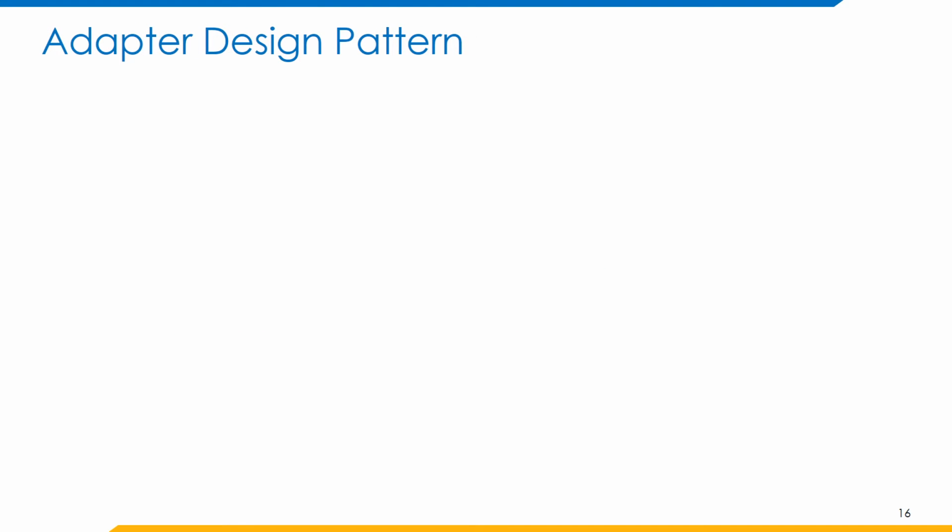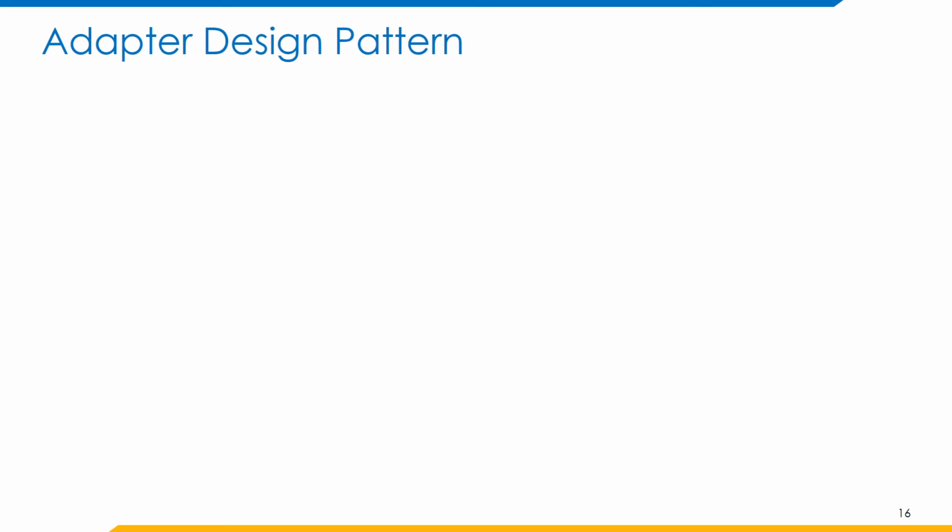Adapter design pattern. In this design pattern, we will discuss how two incompatible interfaces can work together. The adapter design pattern is used when we want two different classes with incompatible interfaces to work together.